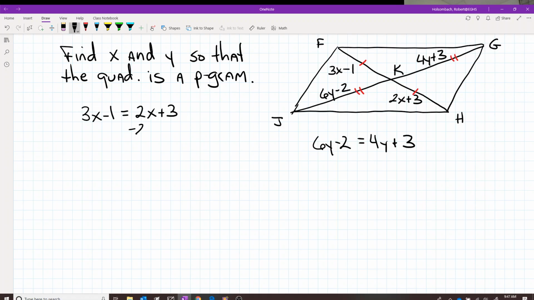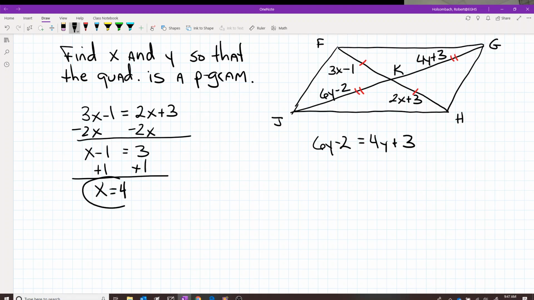So let's start with the x and subtract 2x from each side, and then add 1 to each side. So your x value would be equal to 4, and solve for your y.